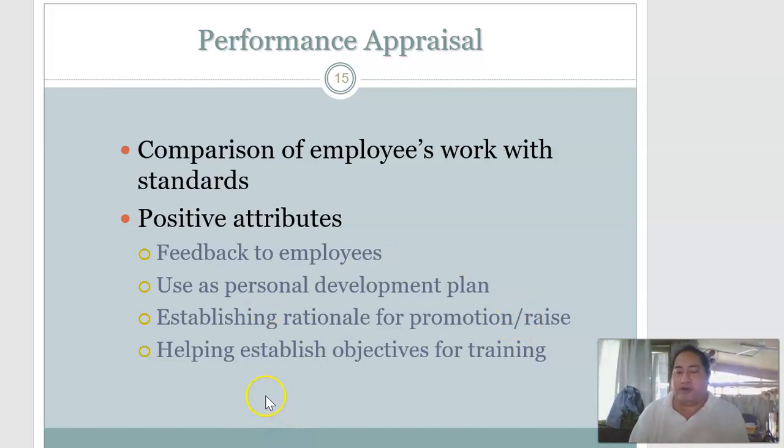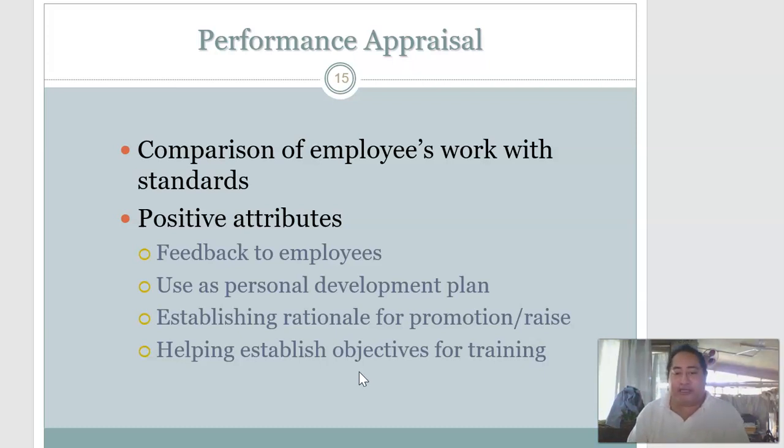All right, so very important that you perform to the best of your abilities, you arrive early, on time, you complete your job, you're competent, with very good communication skills. These are all the things they'll look at. Some of the positive attributes is feedback to employees. This is the objective of performance appraisal. It's used as a personal development plan to see where you're going, how you're doing within the next 6 months to a year.